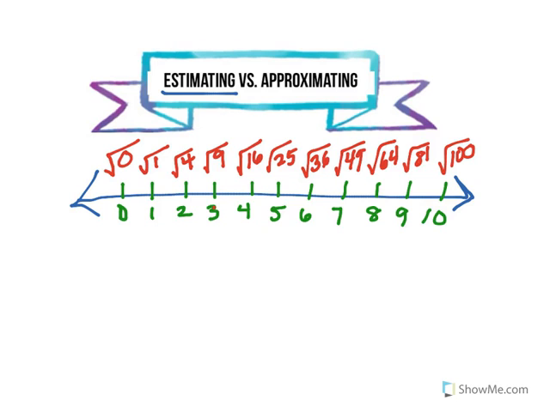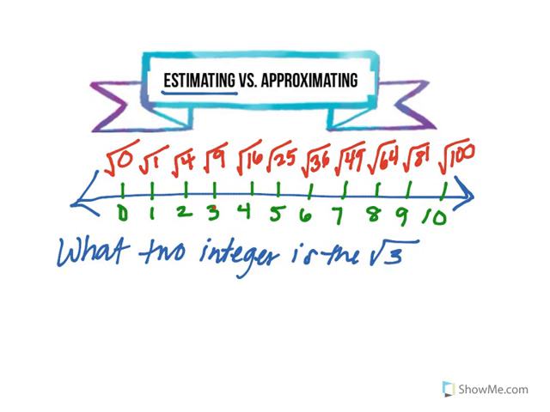So if you were given a question that says estimate what two integers the square root of 30 is between, we would look at where the square root of 30 was on our number line.